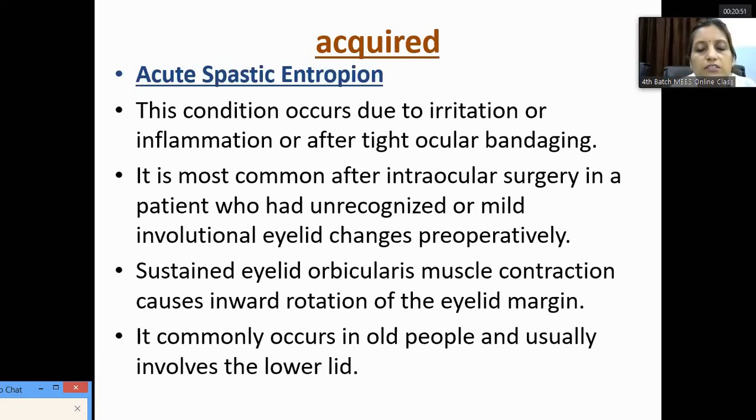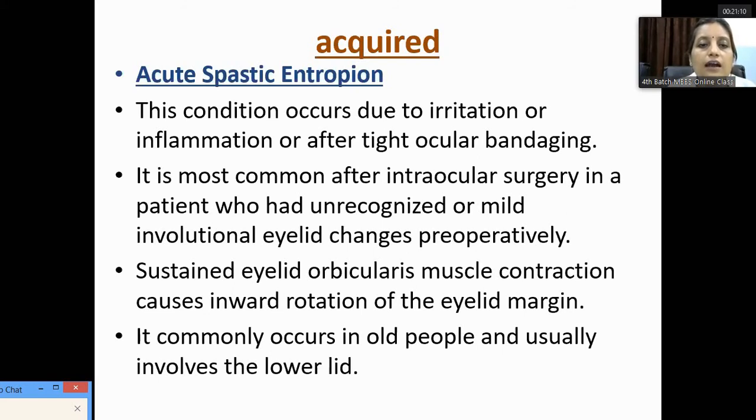So these patients are predisposed, and if there are some aggravating factors like chronic irritation or some trauma or a tight ocular bandage, then these patients will have the spastic type of entropion.